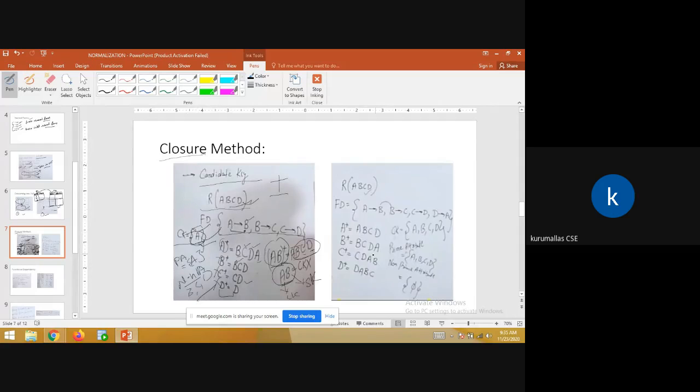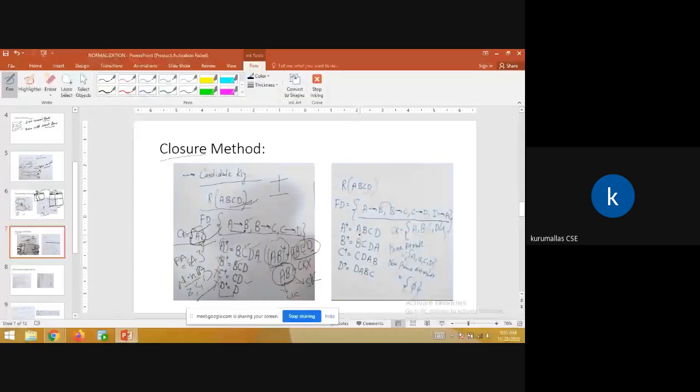If you see here, the second problem is R of A, B, C, D. These are the functional dependencies. I need to find the closure. We know how to find a closure. A plus, A itself is in the closure.